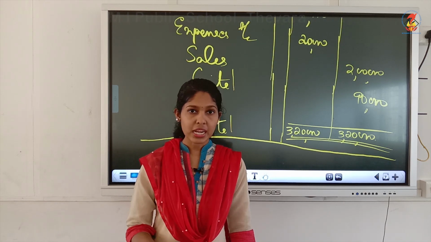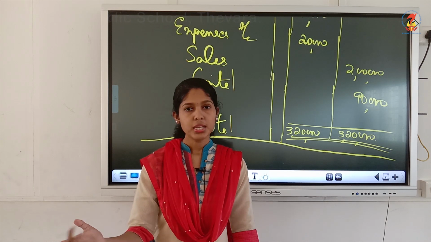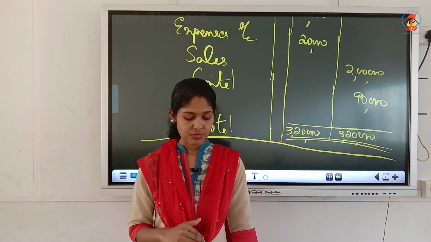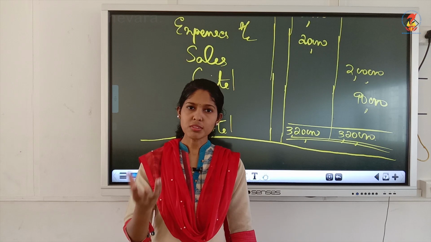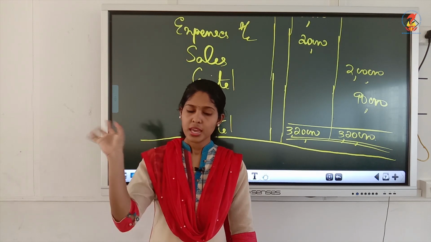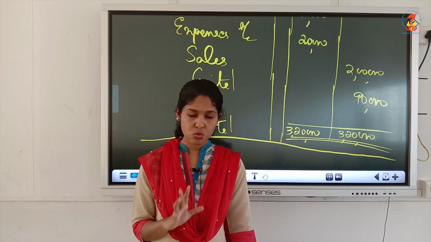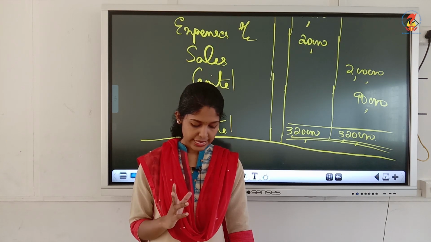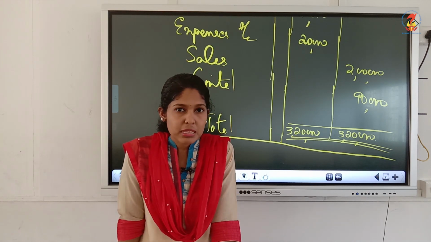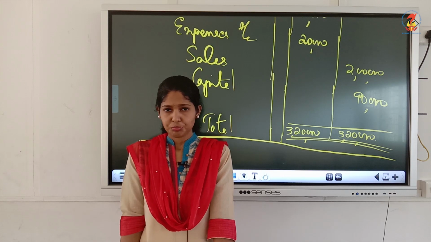Then discount credit means it must come in the credit column, that is discount received. You need not write discount received, you just write discount within brackets credit amount in the credit column. The meaning is discount received. Creditors, sales, okay, book debts is given. What do you mean by book debts?